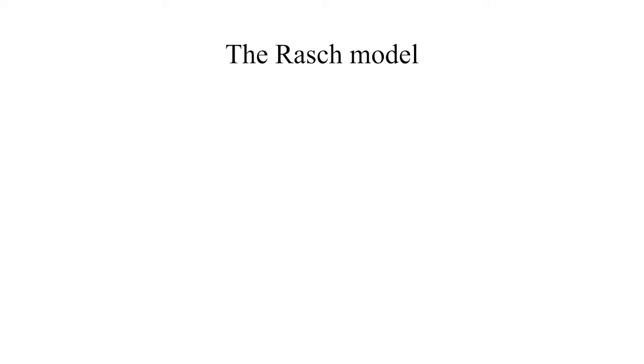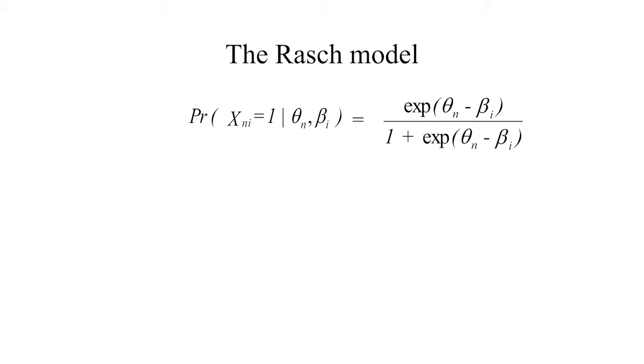Don't look too long at the formula, although it's a famous formula, but that's not essential now. What is essential is that above in the numerator, we have again a linear combination of a theta, a person parameter, and a beta. And now, in this case, the beta is subtracted from theta.